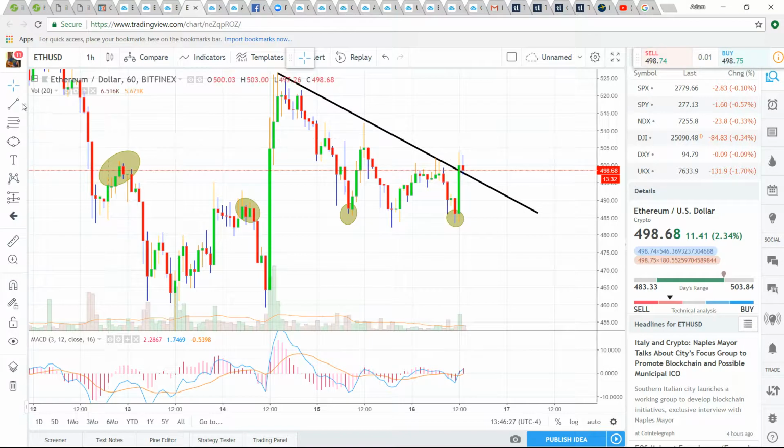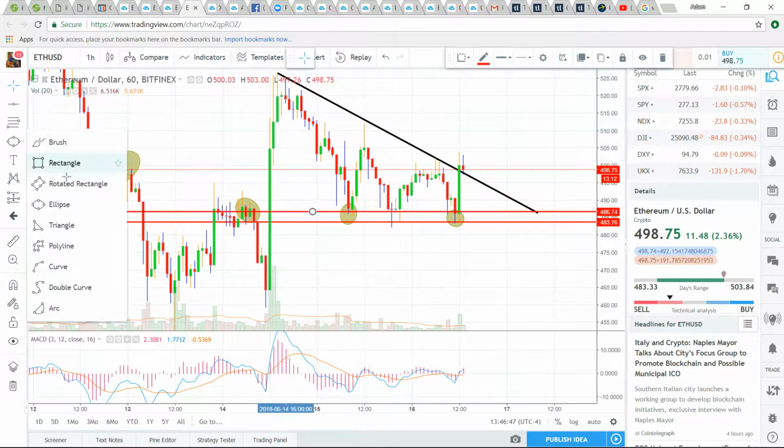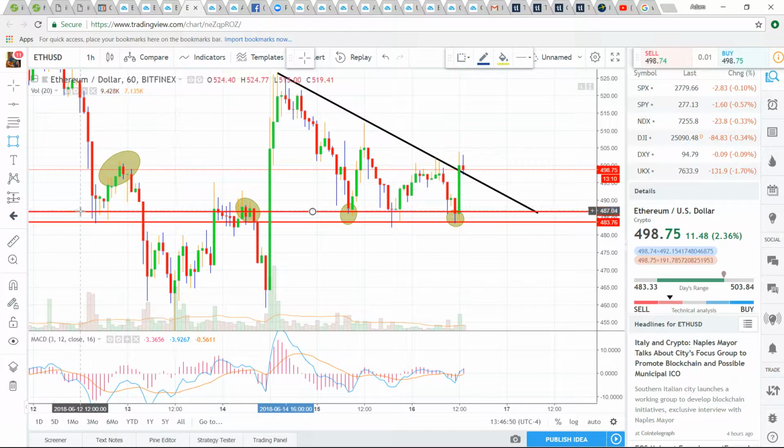So I like to actually draw lines here, because as this chart moves forward into the future, these lines are going to stay here, and next time, once the market starts to approach this place, I'm going to see how this is a good potential area to be looking at. So I always do this, guys, and it really helps me come up with the best trades possible.